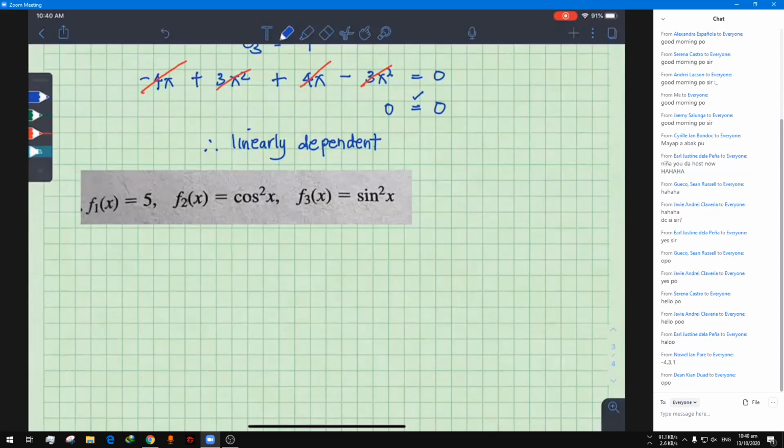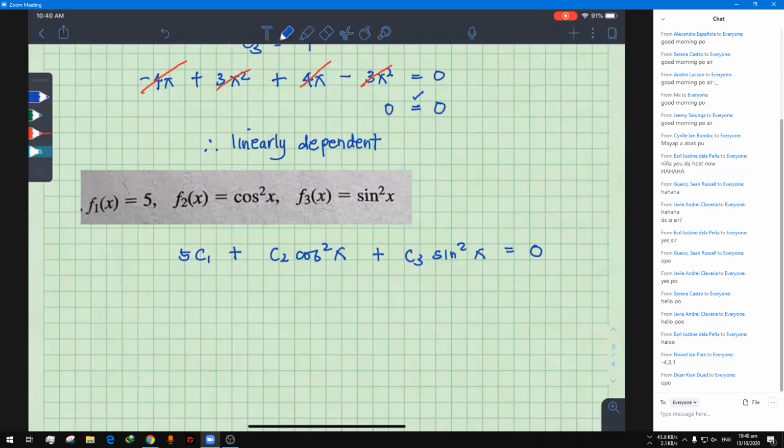So let's say we have 5 C1 plus C2 cosine squared x plus C3 sine squared x equals 0.